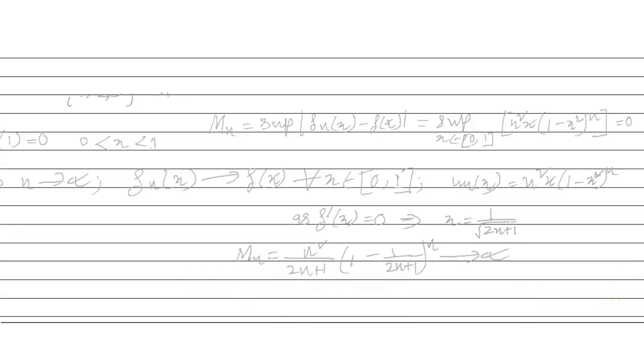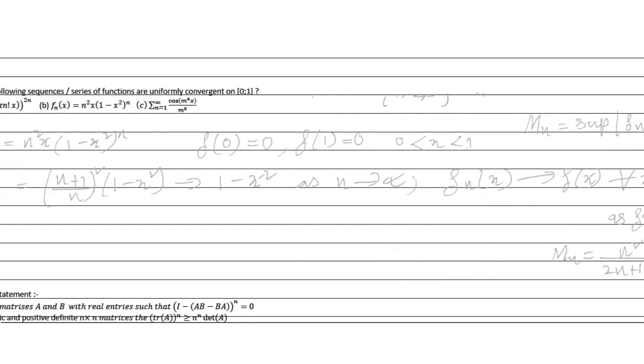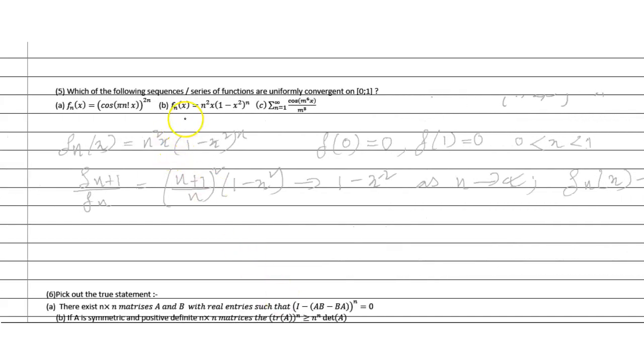So this portion is not uniformly convergent, it is not UC. So this portion is not correct. Number C. Number C is mod of cos mx to the power 6 divided by m cube, less than or equal to 1 by m cube.